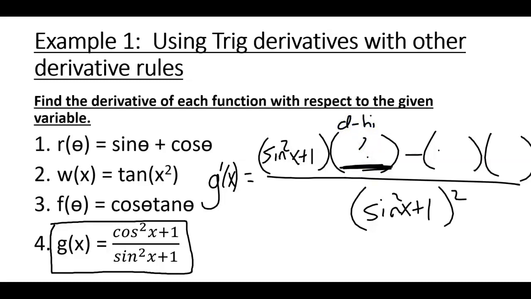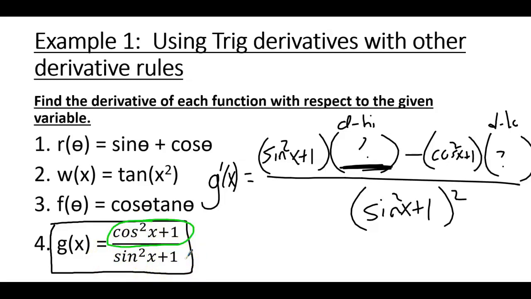And then we do high d low, which we'll also put a little question mark there for. So the issue here is finding the derivative of the top and the derivative of the bottom and putting your answers there. A little bit more challenging than it looks. So I'll do the derivative of the top, and then I want you guys to try to do the derivative of the bottom. So here we go.